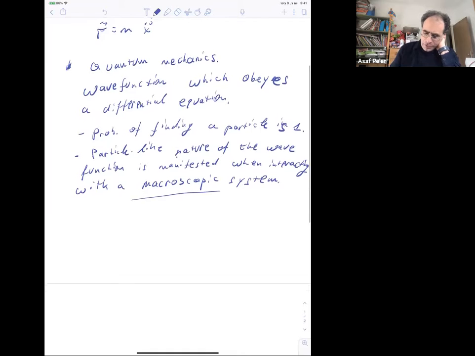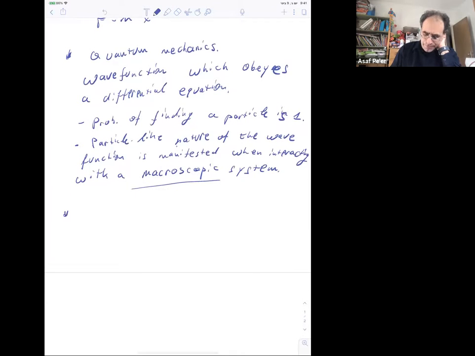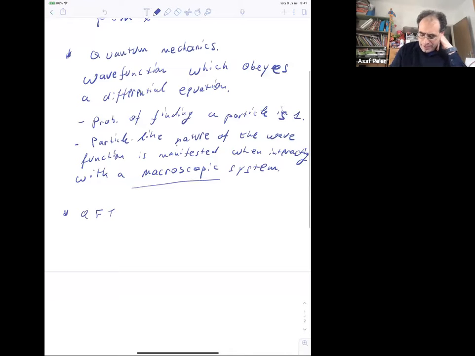QFT is somewhat different from both of those. In quantum field theory, QFT, the basic entity is a field. It's not a particle, it's not a wave function, it's a field. And a field also fulfills a differential equation. Let me write it down.